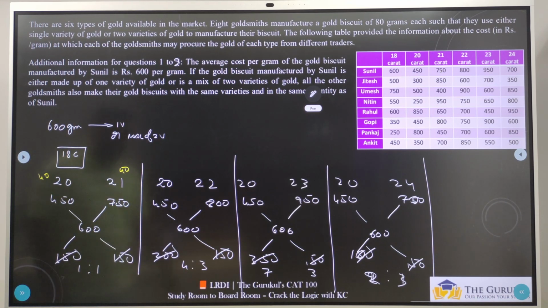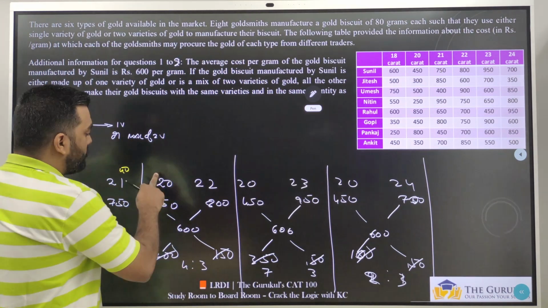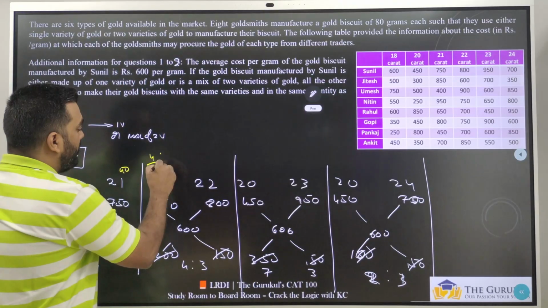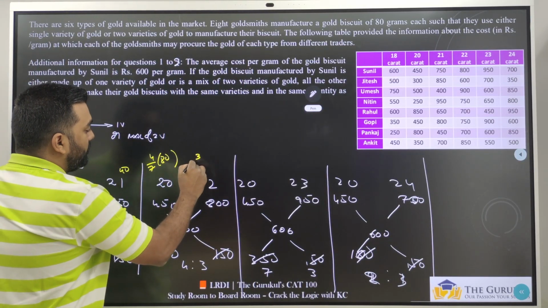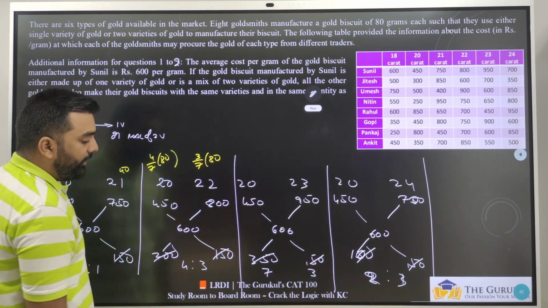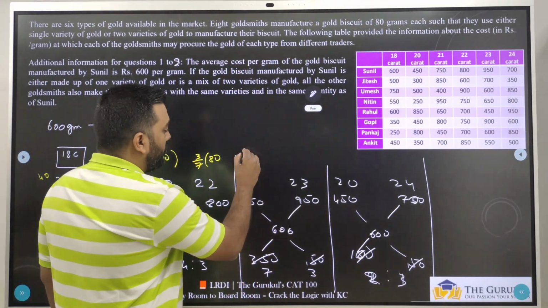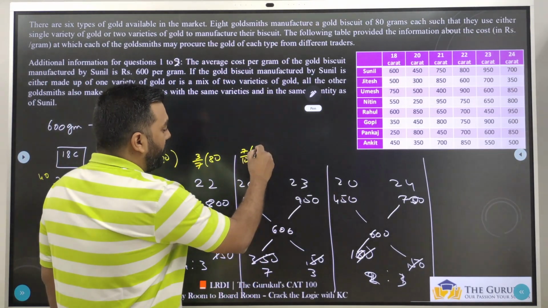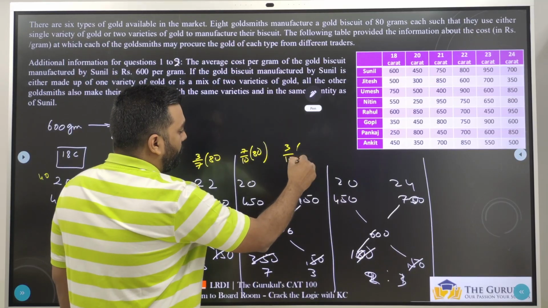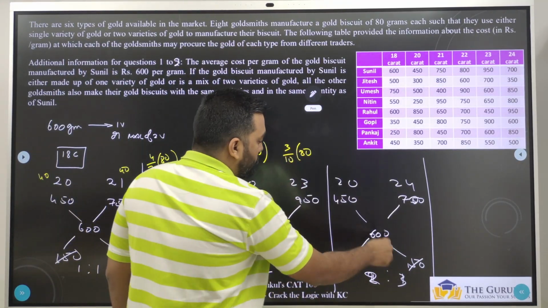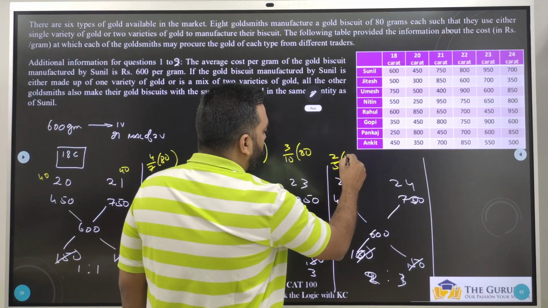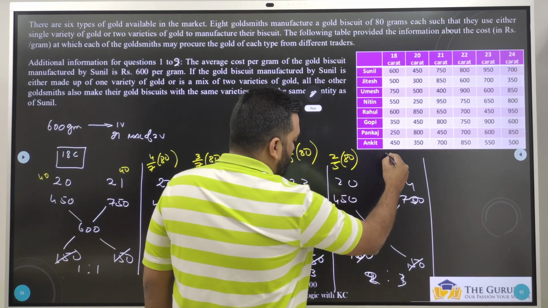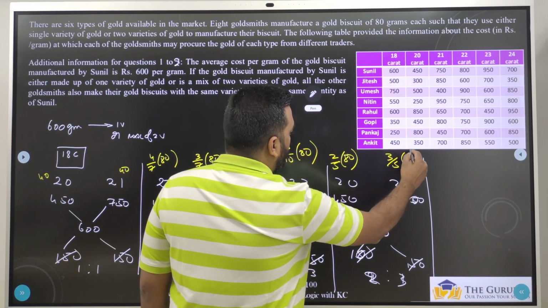Now for the second one, if they are mixed in the ratio 4:3, this will be 4/7 of 80 grams, this will be 3/7 of 80 grams. If it is 7:3, 7/10 of 80 grams, 3/10 of 80 grams. If it is 2:3, 2/5 of 80 grams, and this will be 3/5 of 80 grams.